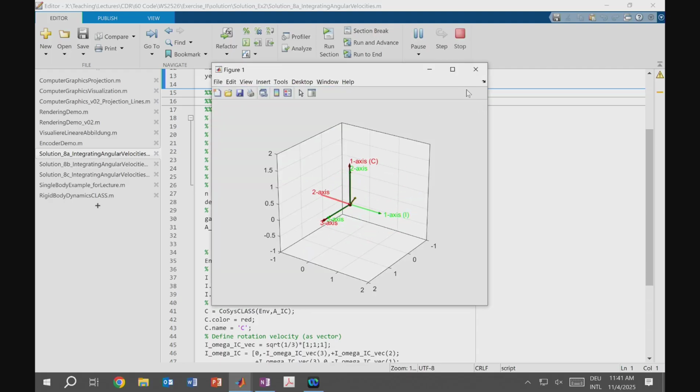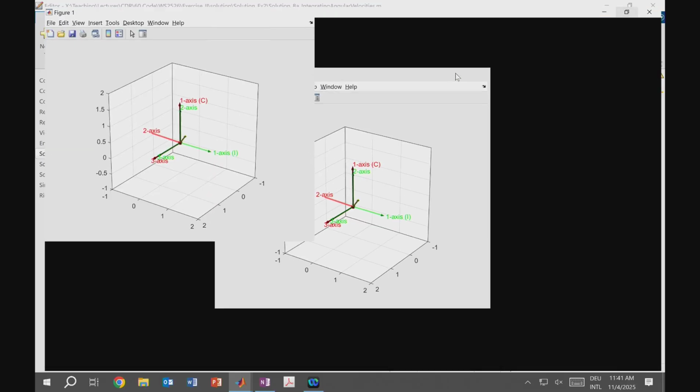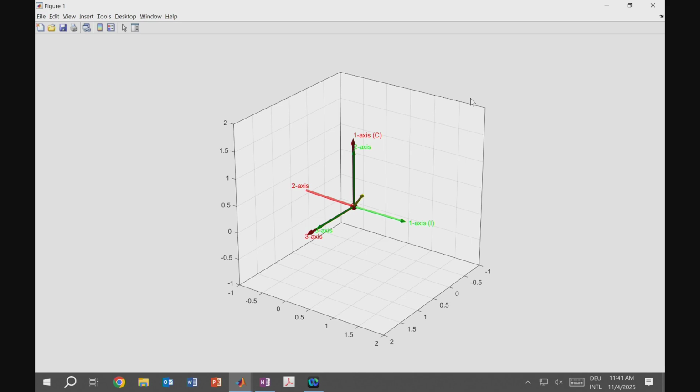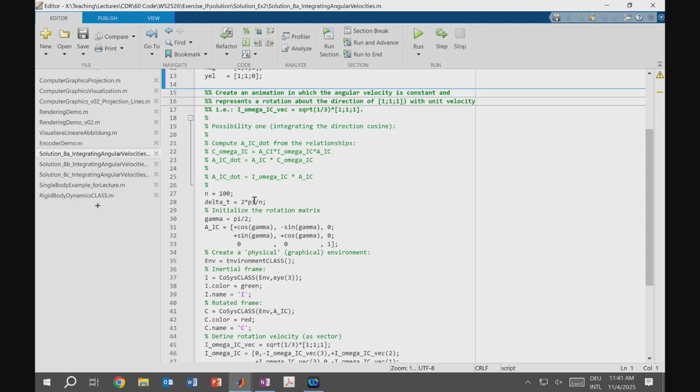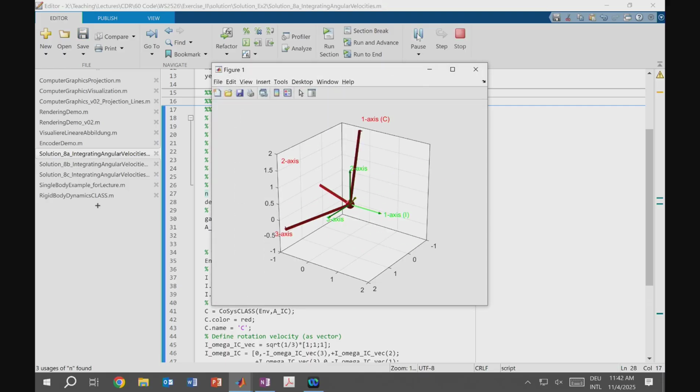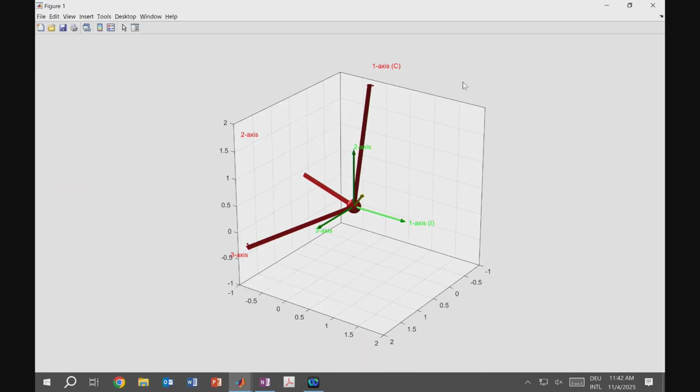Here's our rotation. What's the problem? Why should you not do this if you're trying to track the rotation of a coordinate system? And I can increase the effect by going to a smaller number of steps, right? Smaller n means larger delta t, because we do this for one rotation, so we get a quicker rotation, fewer steps to animate.